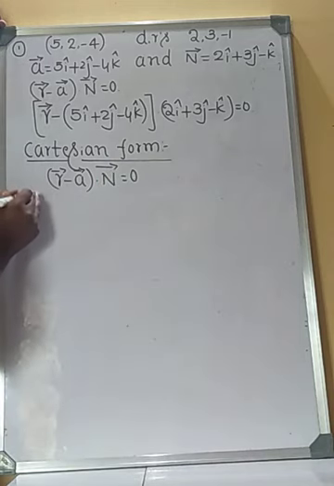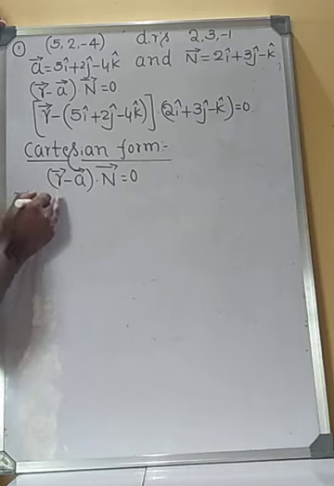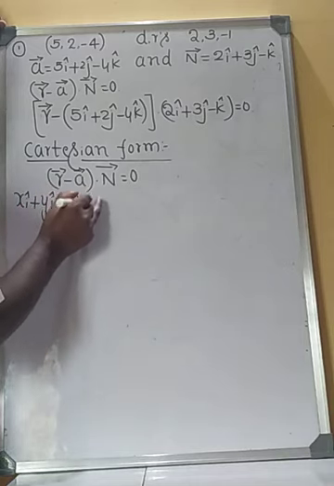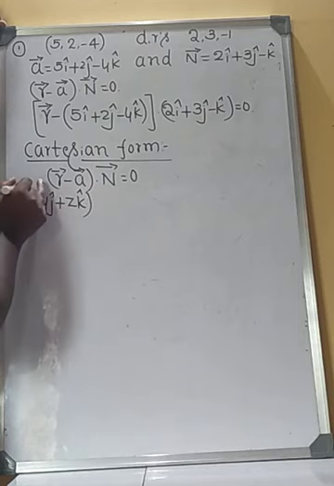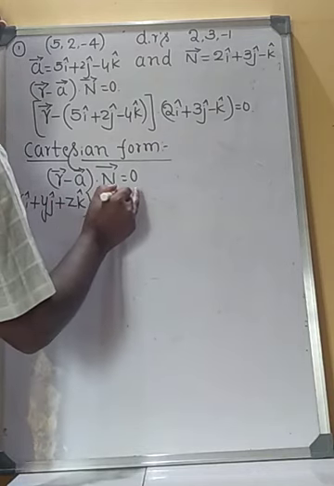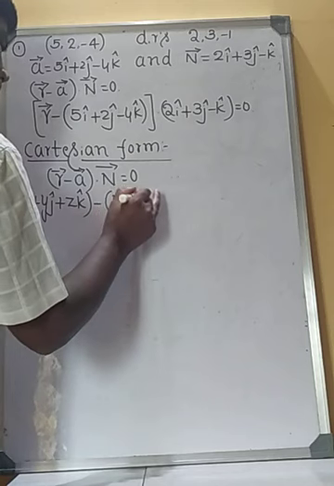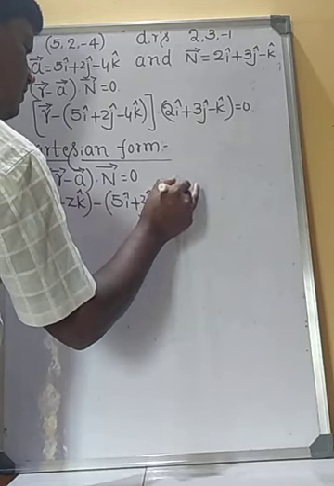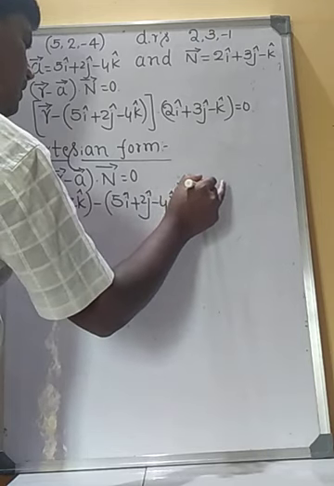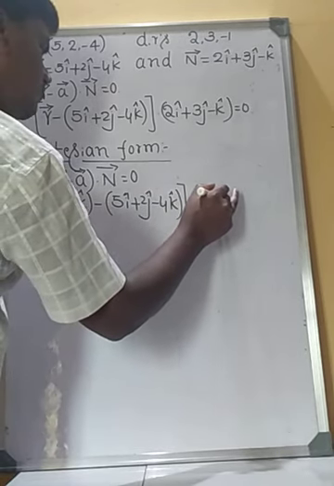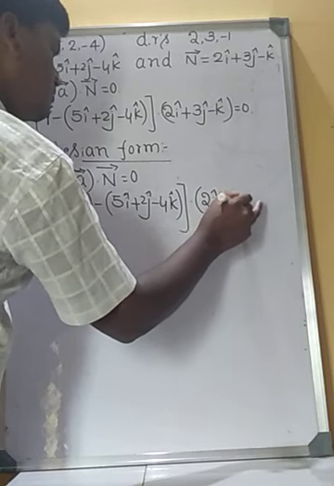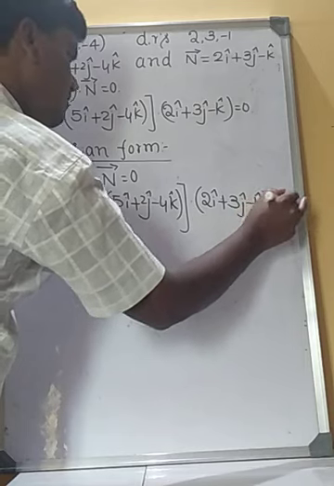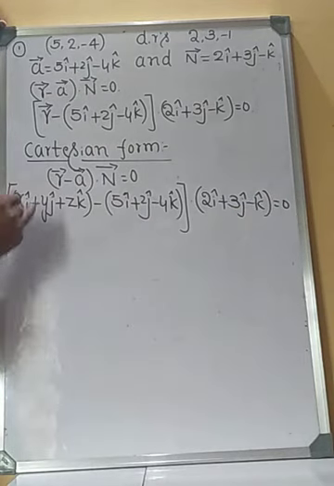Here r vector is xi plus yj plus zk minus vector a, which is 5i plus 2j minus 4k, dot n vector 2i plus 3j minus k, is equal to 0.